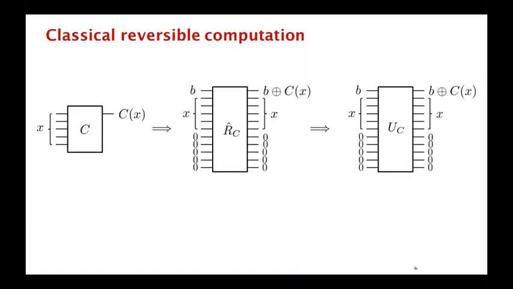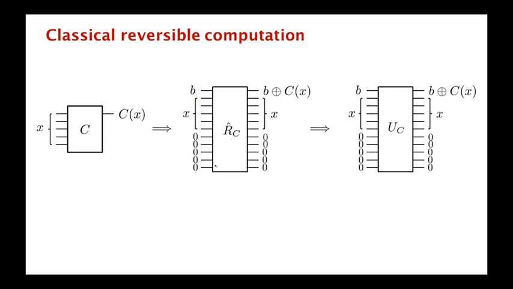Last time we already talked about classical reversible computation, where we said, suppose you have a classical circuit that on input x computes c of x, and for now I'm just going to talk about the case where c of x is Boolean, so it's just a single bit, just for simplicity. Then we said that there's a classical reversible circuit which takes as input x, an answer bit b, as well as a number of work bits which are all initialized to 0.